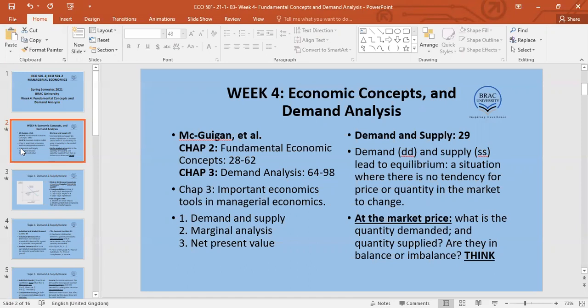If whatever is being produced in the market by all the sellers is exactly what is being demanded by all the households, then the two sides of the market, the demand by the households and supply by the sellers, match. Then we try to think what will happen if they don't match. We'll come to that later.